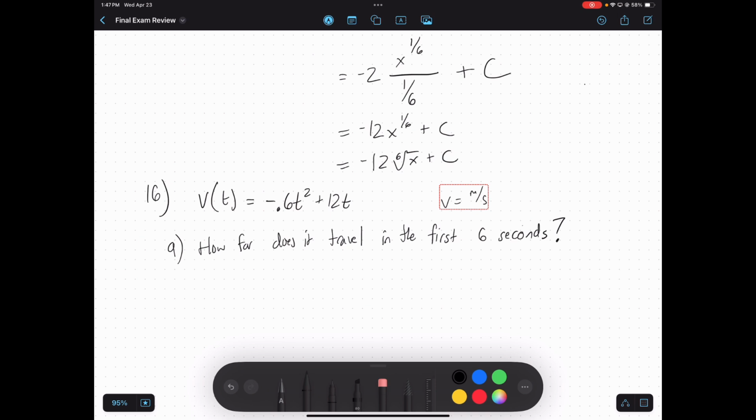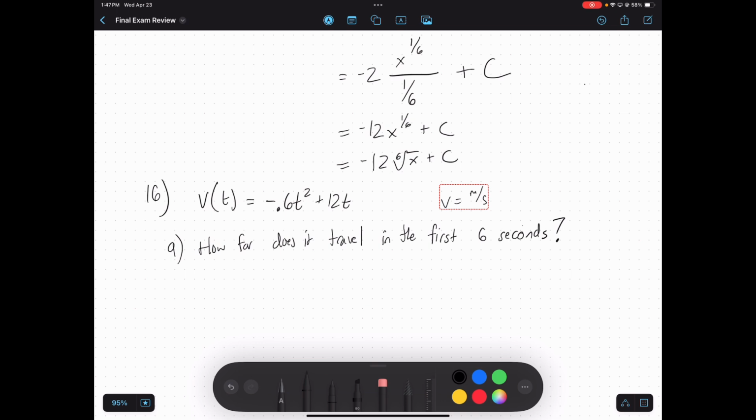How far it traveled is talking about position, but it only gives me the velocity function, which is the derivative of position. So I have to go backwards, right? And going backwards requires antiderivatives, integration.